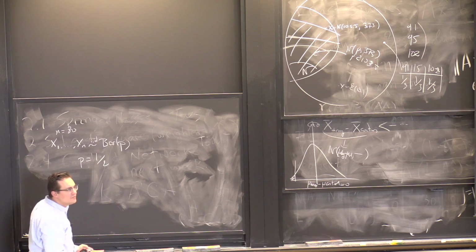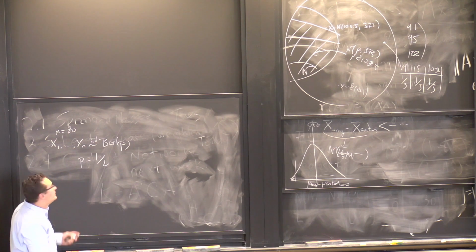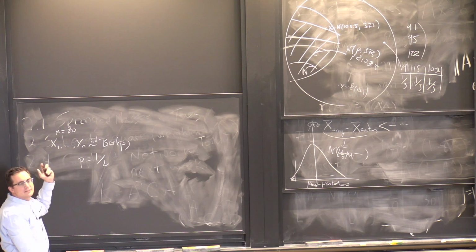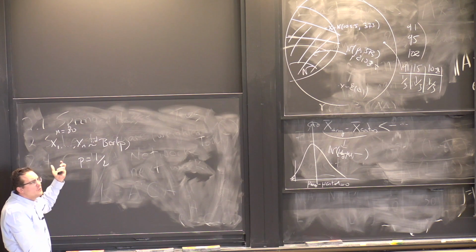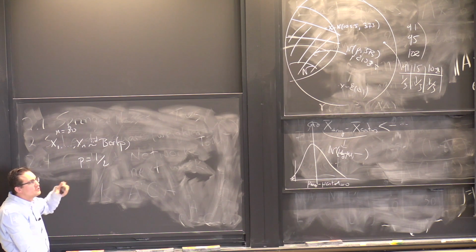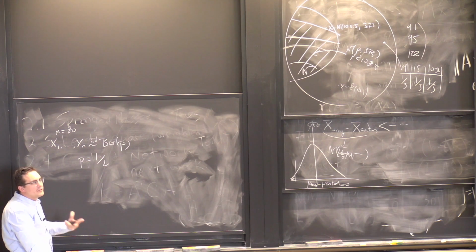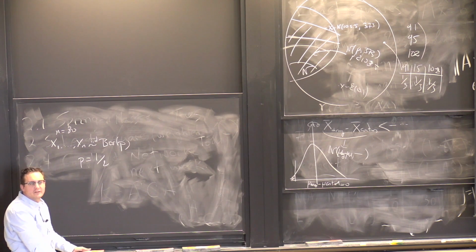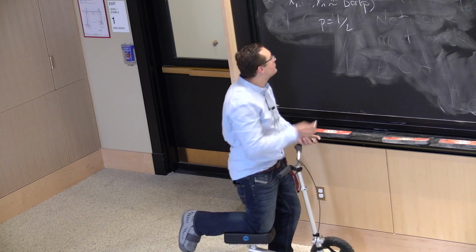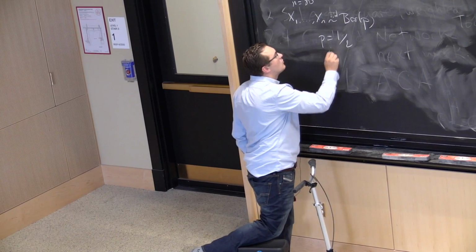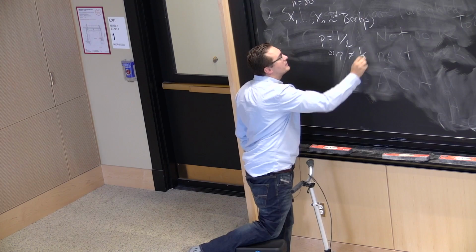Let's say this is just the heads. For a biased coin, maybe you would be interested whether it's biased in one direction or the other. But not being a fair coin is already somewhat of a discovery. So you just want to know whether p is equal to 1/2 or p is not equal to 1/2.